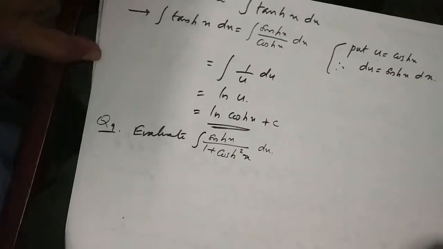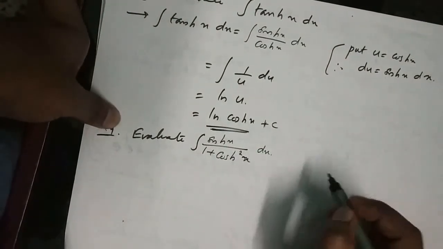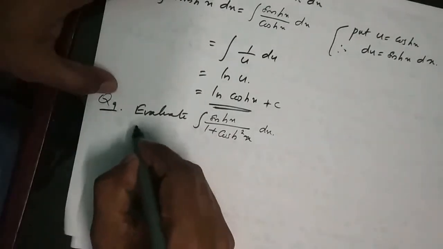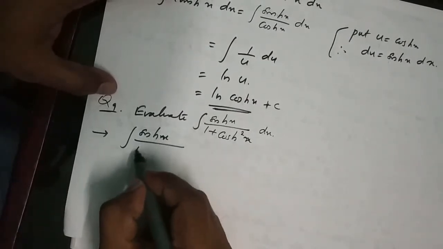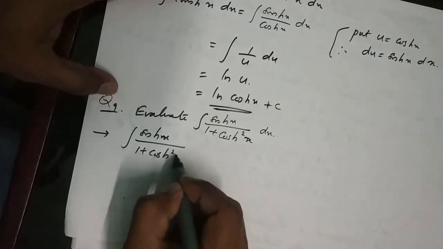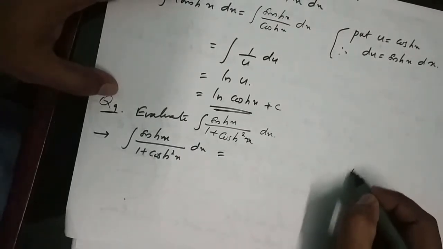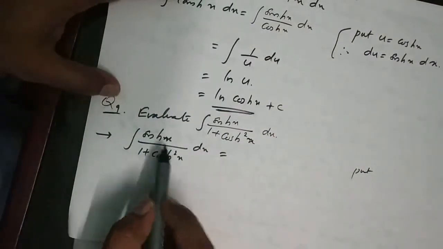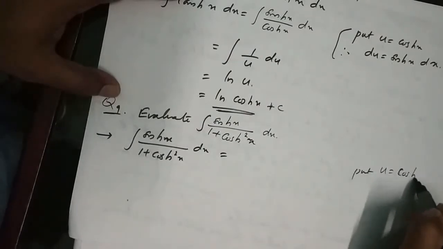Here is sinh x and here is cosh square x. So to solve this, put u equal to cosh x.